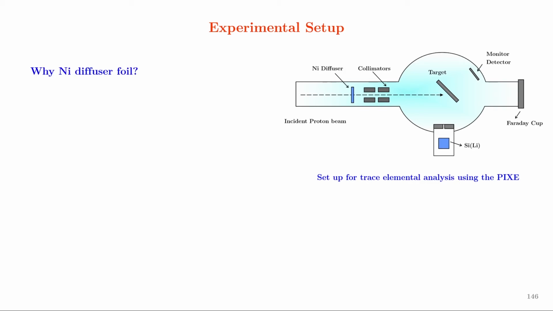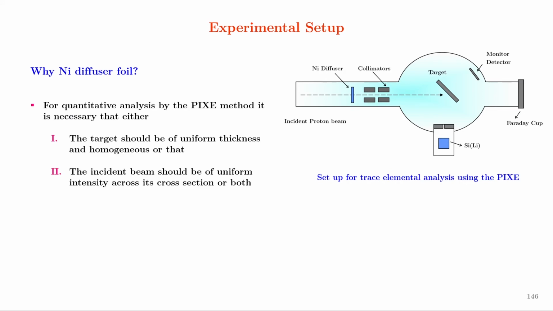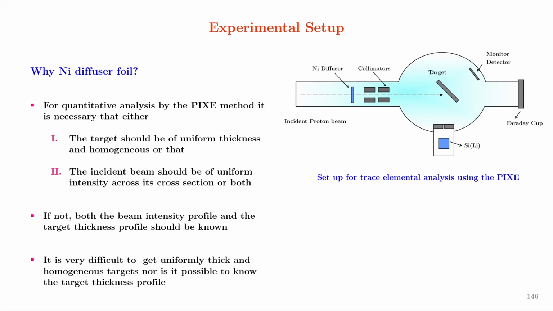Why do we require a nickel diffuser foil for the PIXE technique? For quantitative analysis by the PIXE method, it is necessary that either the target should be of uniform thickness and homogeneous, or that the incident beam should be of uniform intensity across its cross-section, or both. If not, both the beam intensity profile and the target thickness profile should be known.